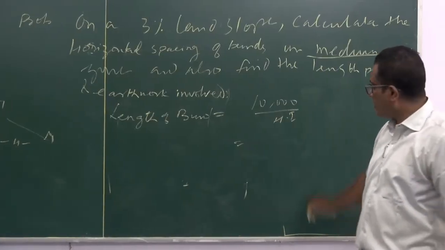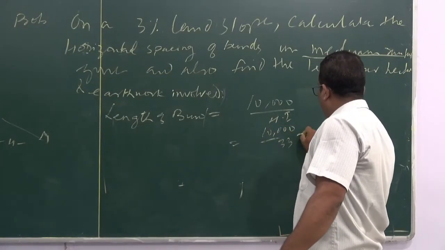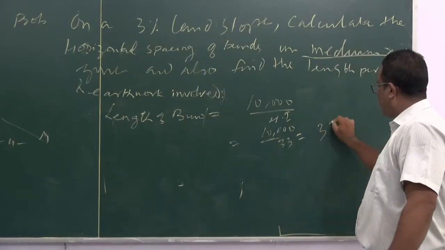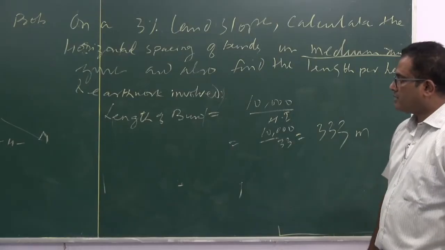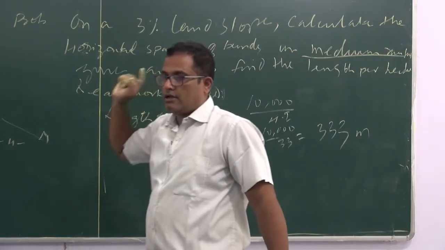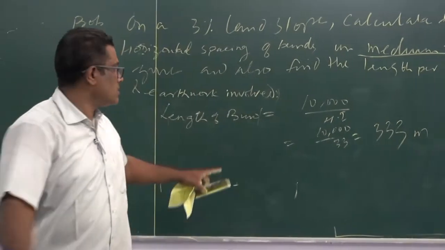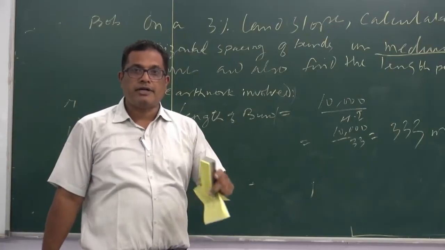HI is 33 meters. 10,000 by 33. It will come out to be 333 something meter. It is in 1 hectare land we have to consider. According to this given data, we have to construct 333 meter of running meter of bund.